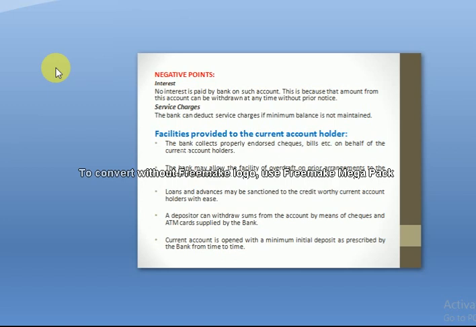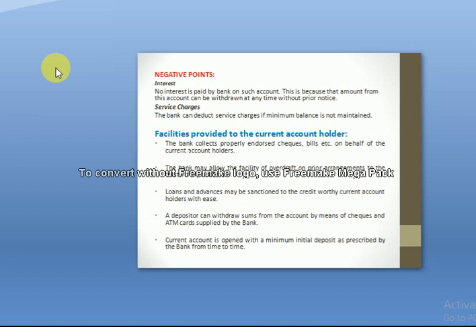If you are already a customer of the bank, you have a current account in the bank and you need a specific amount of loan, the bank will sanction you the loan with easy terms and conditions, not hard terms and conditions.